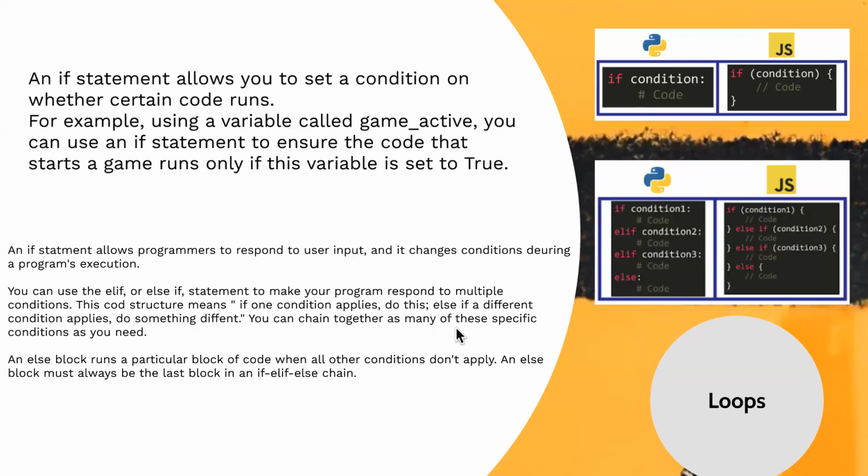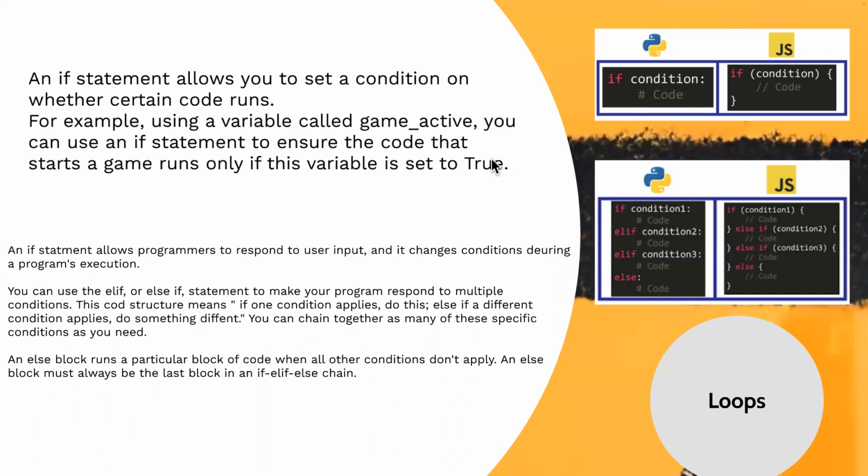You can chain together as many of these conditions as you need, and we should already know this from programming basics. An else block runs a particular block of code when all other conditions don't apply. An else block must always be the last block in an if, elif, else chain. Okay, so it's very simple.